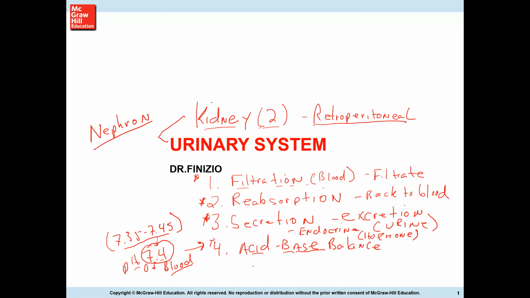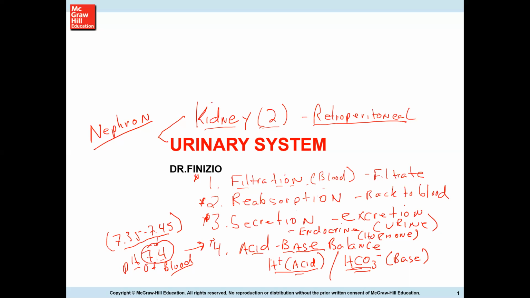Okay, so remember, acid-base has to do with either too much hydrogen is acid, hydrogen ion, bicarbonate ion is base. So your kidney is going to do a job with either reabsorbing hydrogen, bicarbonate ion, this is the bicarbonate ion, or excreting or secreting either one of these to maintain that acid-base balance.